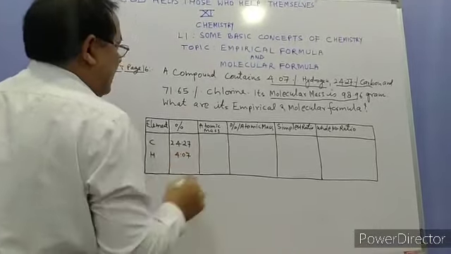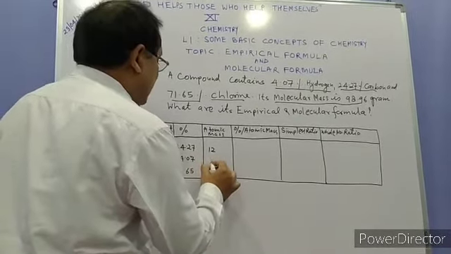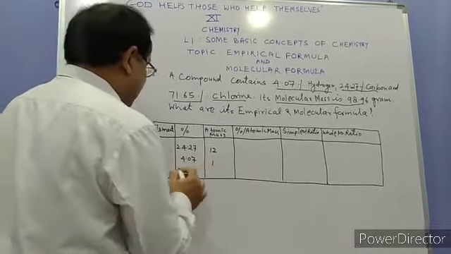Then chlorine, the percentage of chlorine is 71.65%. Already you know that the atomic mass of carbon is 12, of hydrogen is 1, and of Cl is 35.5.